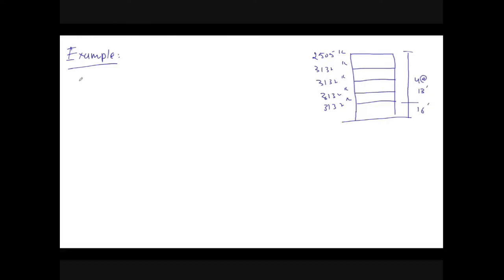So for this frame, the building data is given. The response modification factor is 8, which you know is the factor that we use to reduce the elastic forces. The risk category of this structure is risk category 2, which is the normal occupancy structure. The structure is regular, both in plan and vertically.